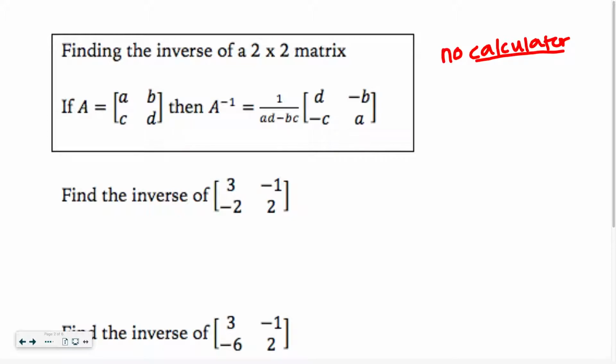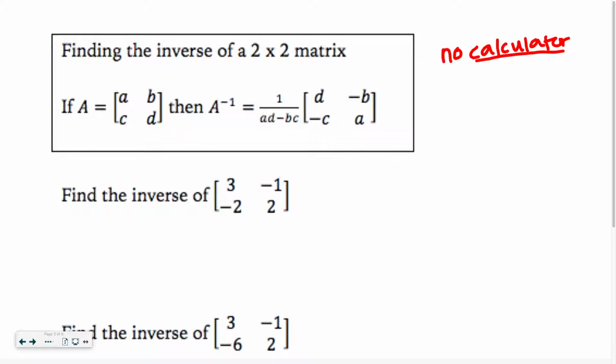Do you see I have matrix A with entries A, B, C, D? If you want to find its inverse matrix, A inverse, you first have to find this scalar out in front, which is 1 over AD minus BC. Look back at matrix A and see where you'll get AD and BC.